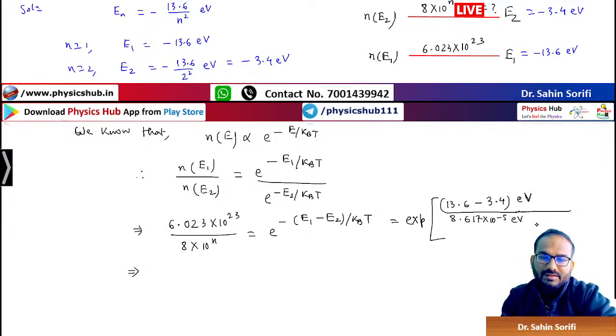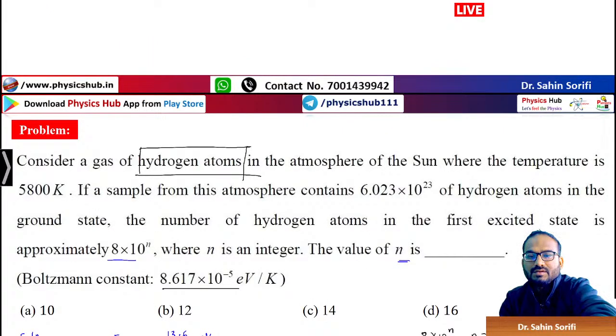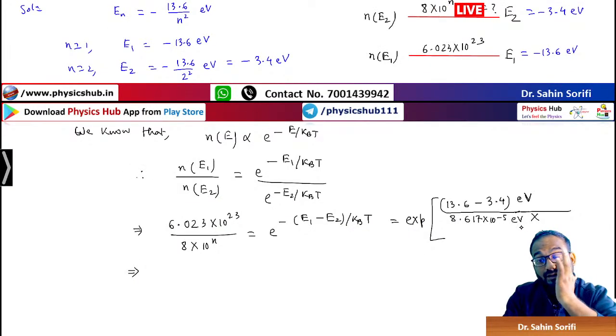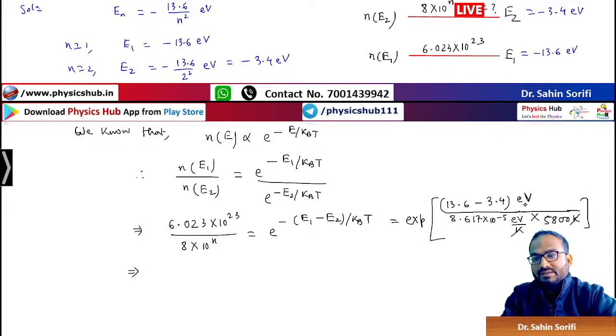So what are we left with? T is how much? 5800 Kelvin. Electron volt per Kelvin is there, and here it is 5800 Kelvin. So this Kelvin gets cancelled, electron volt gets cancelled.